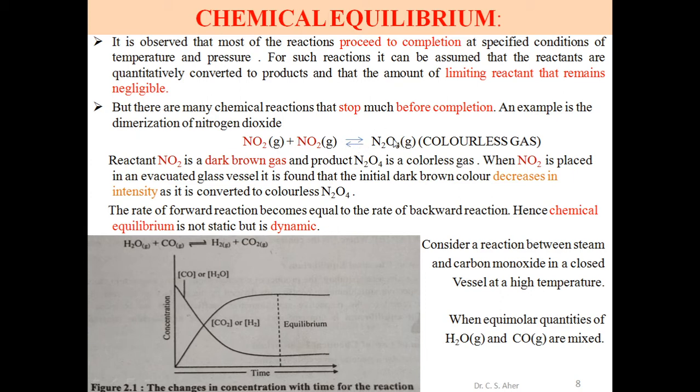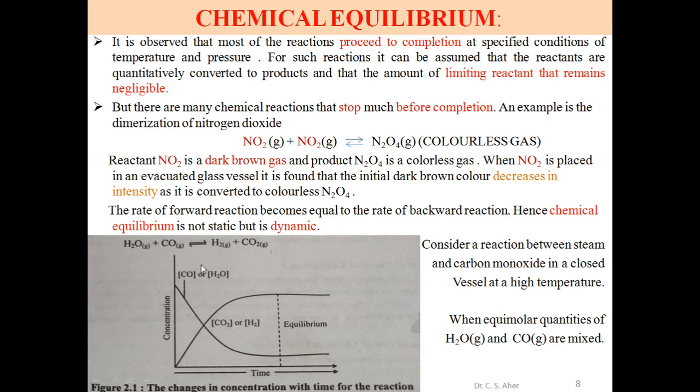So both reactant and products are in balance at the equilibrium state, and thus the forward and backward reactions are equal, and hence chemical equilibrium is not static but dynamic. The conversion takes place, but due to the balancing of this conversion the equilibrium state is reached, yet the reaction is dynamic. Product is converted into reactant, and at the same time reactant is converted into product, so it is a dynamic reaction.